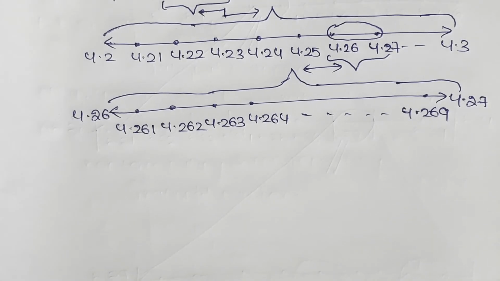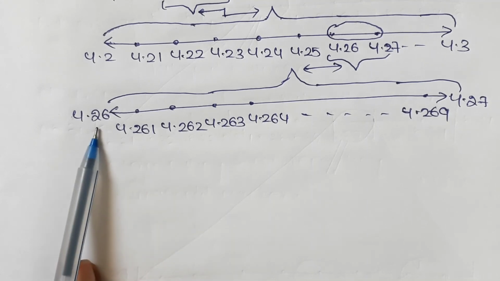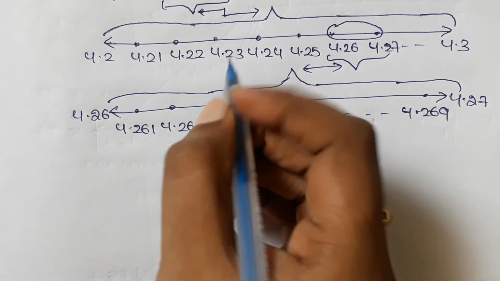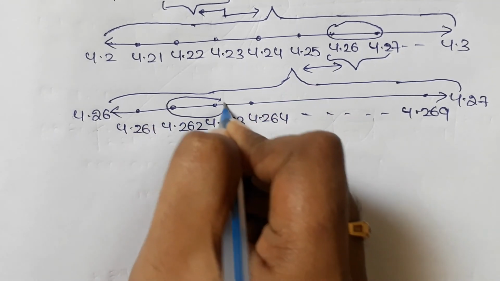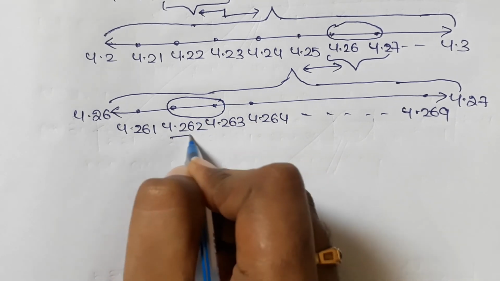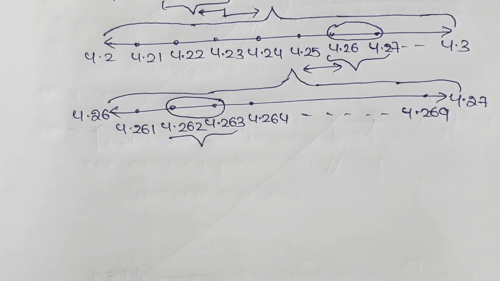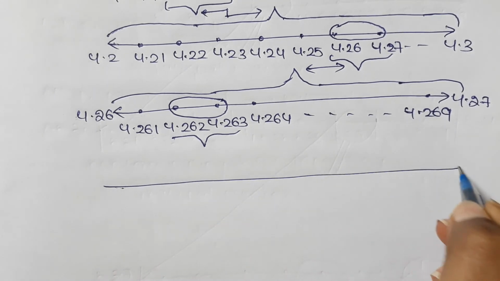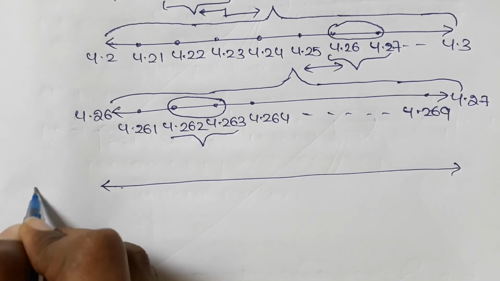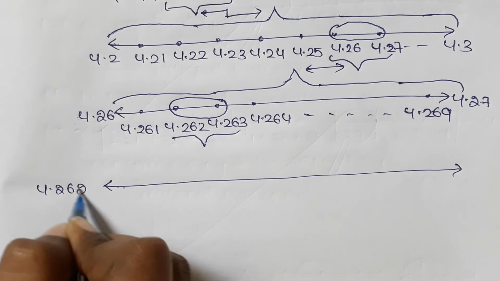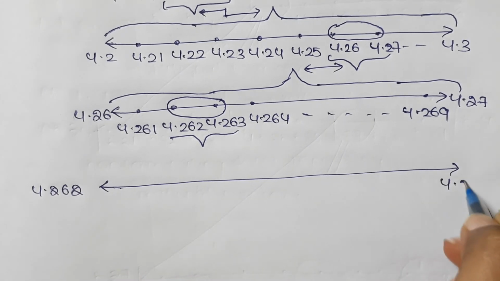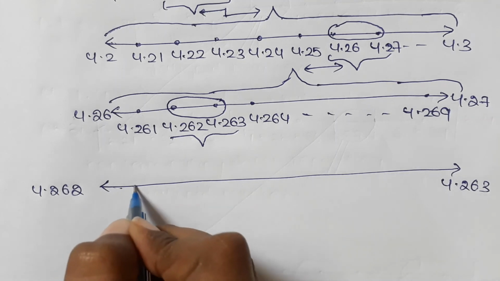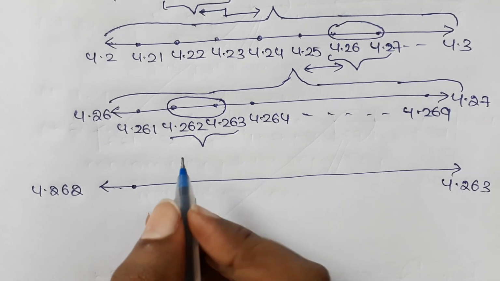And again this 4.26 bar is located in between 4.262 and 4.263, and now it is again closely viewed, and draw the number line between 4.262 and 4.263, and it is divided into 10 equal parts.